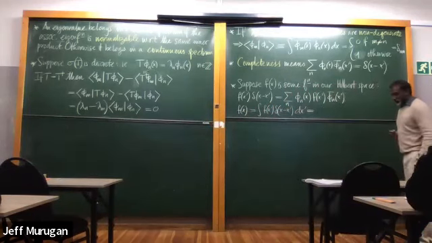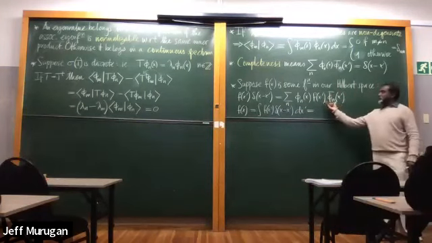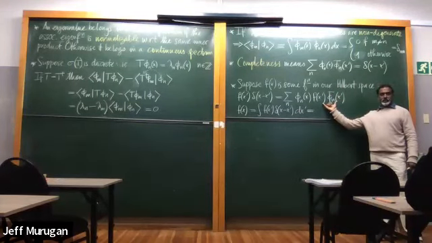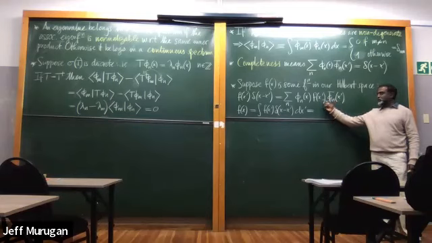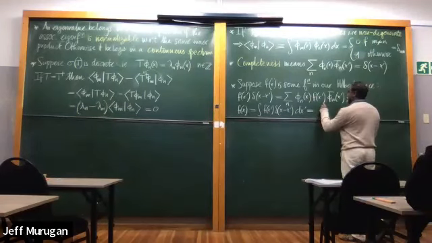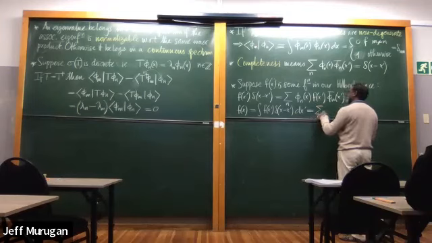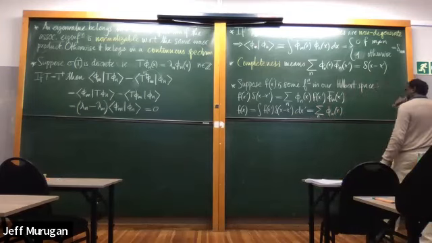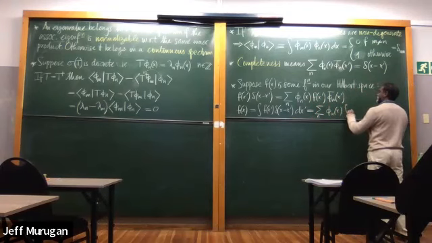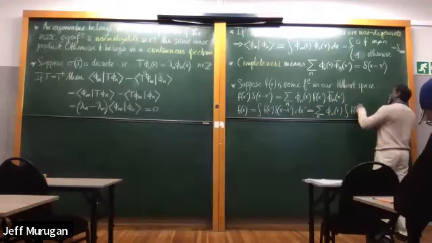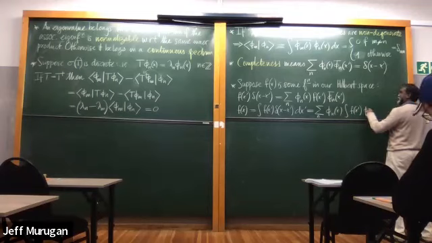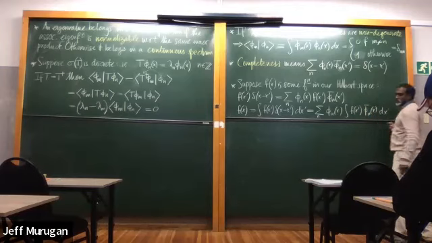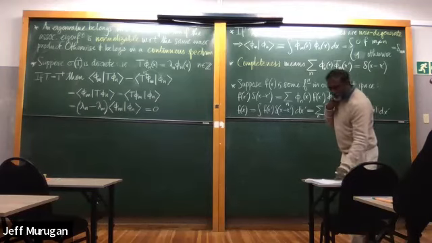On the right hand side, if I integrate out over x prime, the only things that are going to be affected are these two factors, which have an x prime dependence. The rest I can pull out. So the sum over n of phi n of x times the integral of f of x prime phi bar n of x prime dx prime.